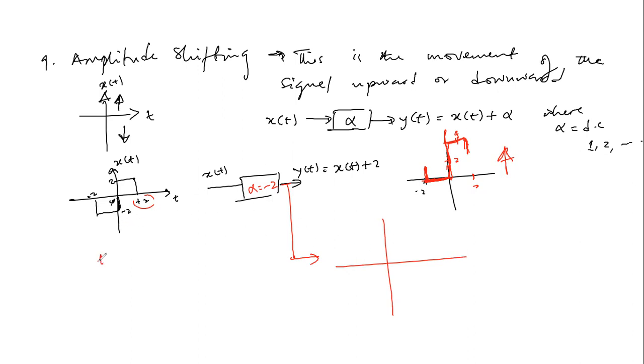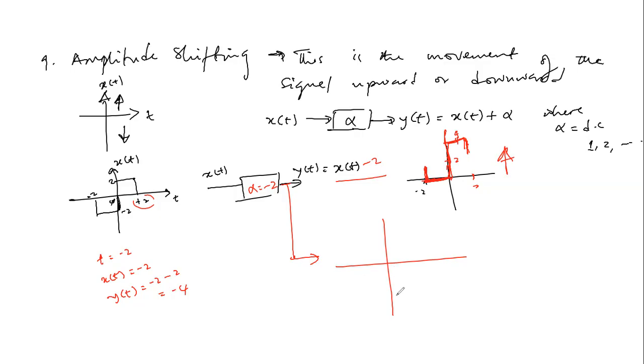At t equal to -2, the amplitude S of t is equal to -2. So y of t will be S of t plus alpha, but this time it's not +2, it's -2 because alpha is -2. So it should be -4.